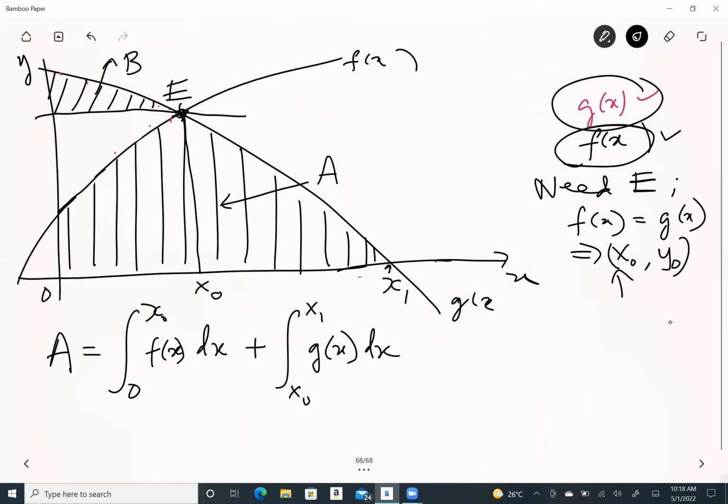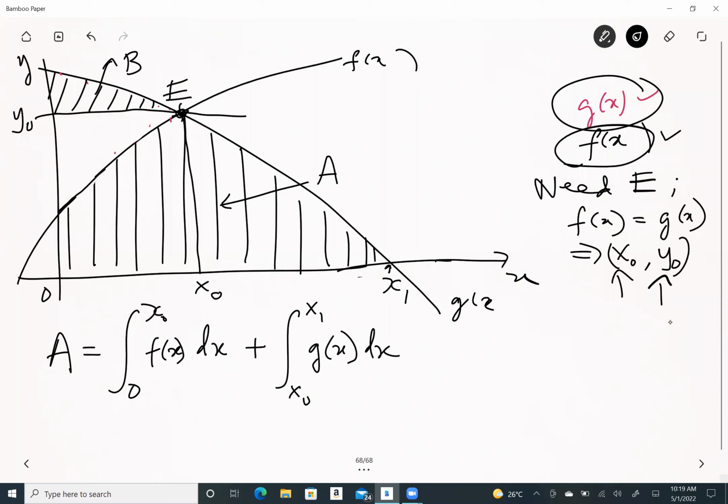In order to get that area, what do we need? The y point. You need the y point. So x0, y0. I need that y0 so that I can find the area that you need to subtract.